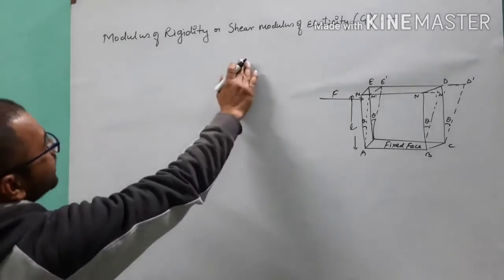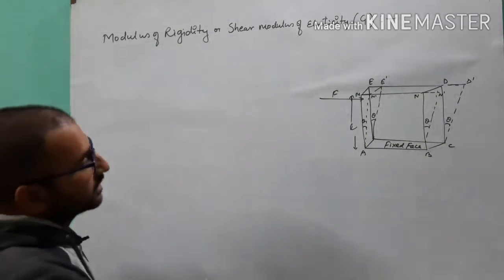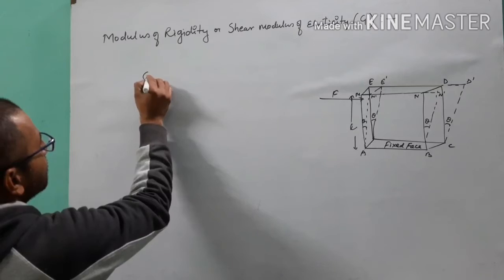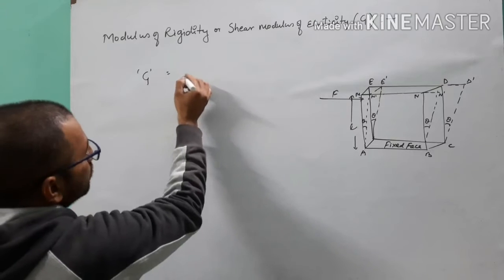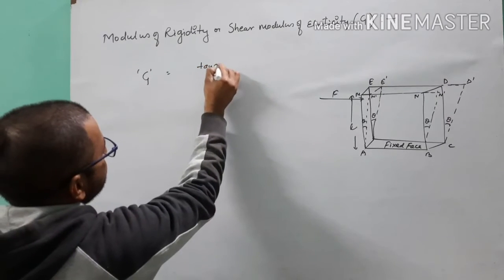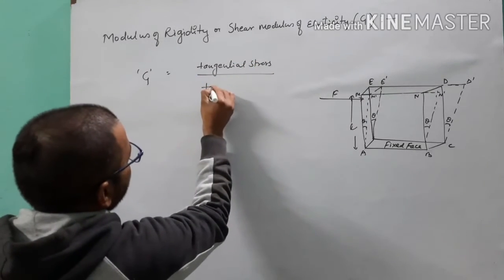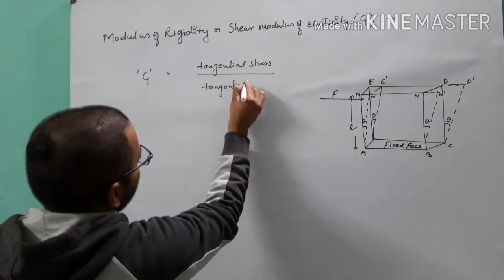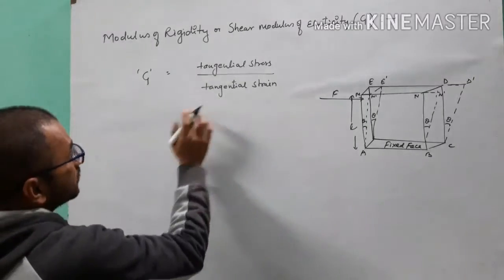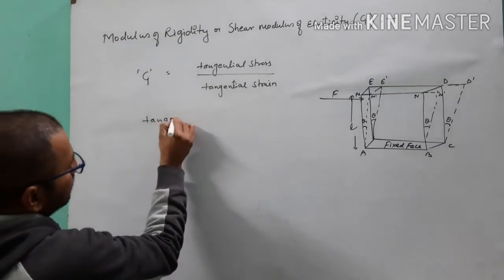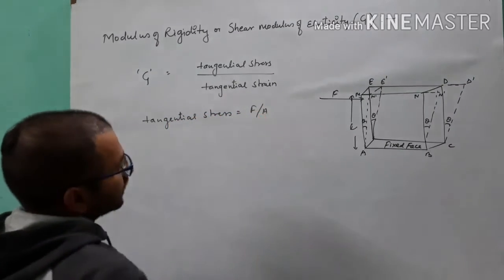To understand this modulus of rigidity, or shear modulus of elasticity, represented by capital G, we can write that G is the ratio of tangential stress over tangential strain, or shearing strain. Point clear, student? Tangential stress is the force acting per unit area.